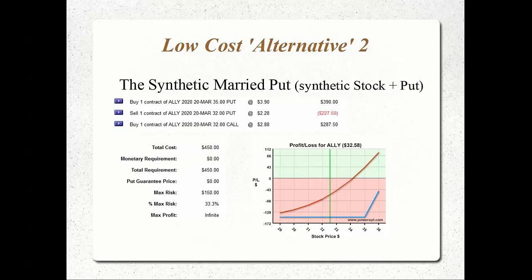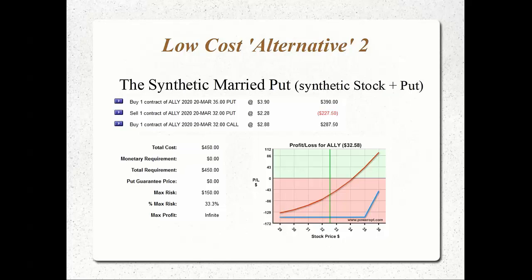But it's also looking at the intrinsic value as well. See, this 32 call at 288 is 58 cents in the money. So the time value cost is 230, almost equal to the time value you're getting for that 32 strike put. So the risk is still about the same, 150 monetarily. And it's 33.3%.